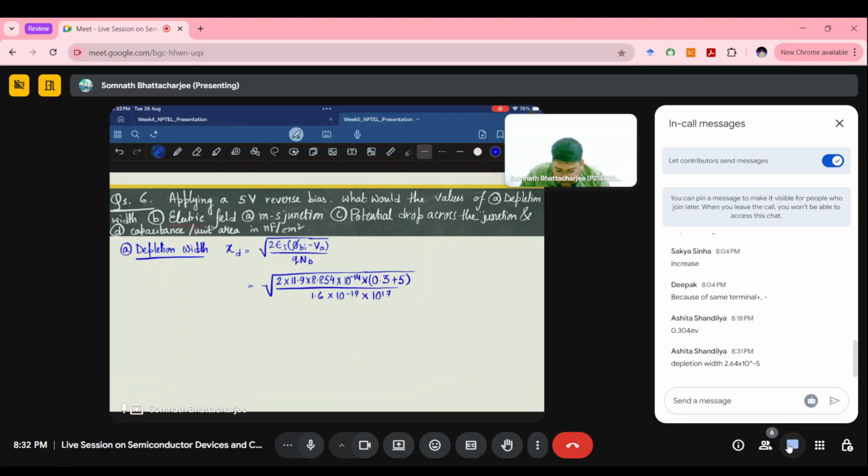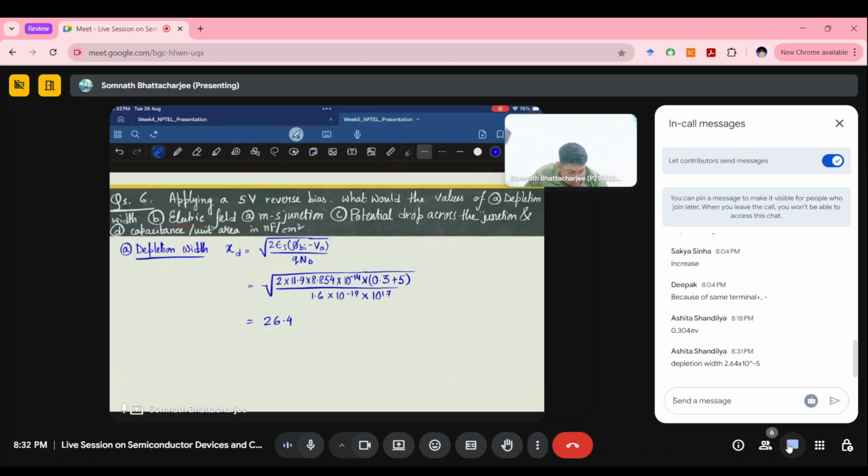The values would be 8.854 multiplied by 0.5, 5.3, sorry, 5.3 multiplied by 11.9 multiplied by 2 divided by 1.6. So this is like this. So the root of the value is nothing but 26.4.